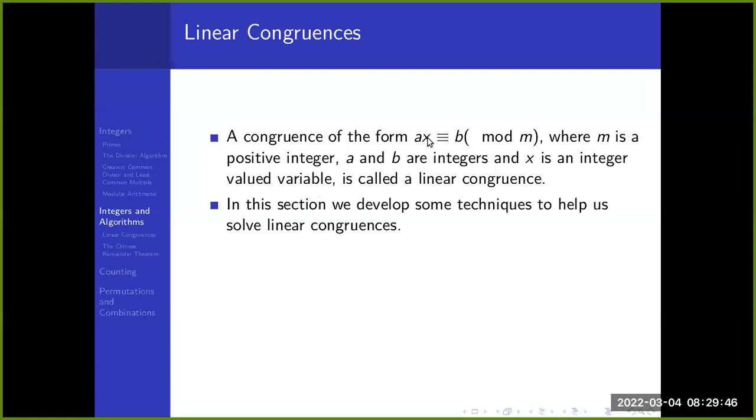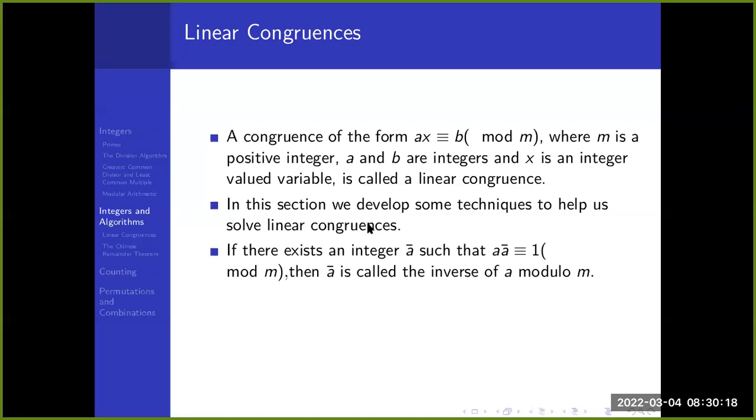So we don't know what X is. We are looking for the value of X that satisfies this congruence. So such a congruence is called a linear congruence, where A, B and M are known, but we want to find a value of X that will work. We shall look at some ideas on how to solve this in this section.